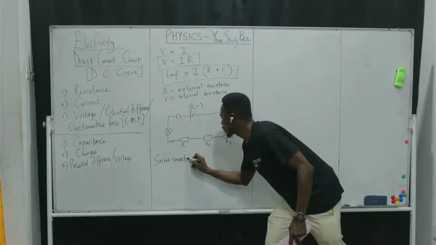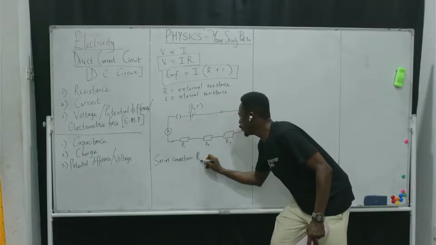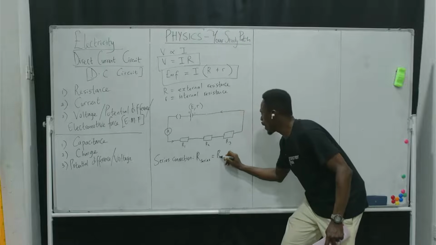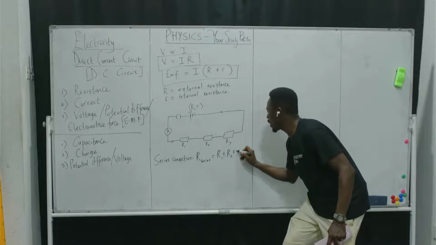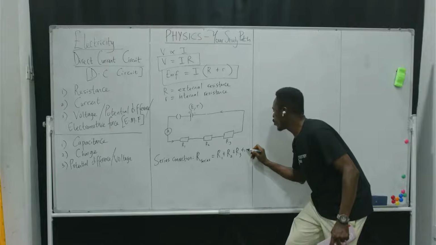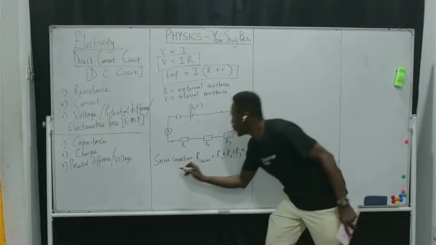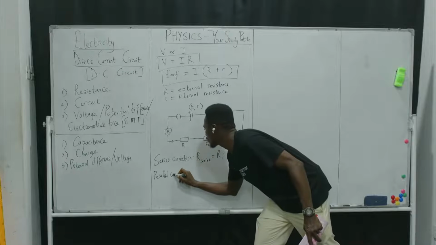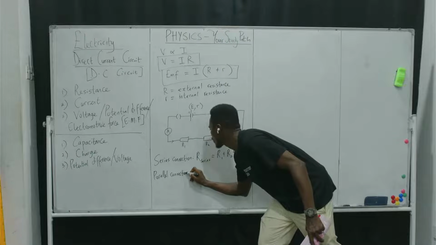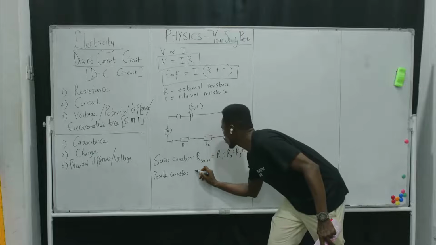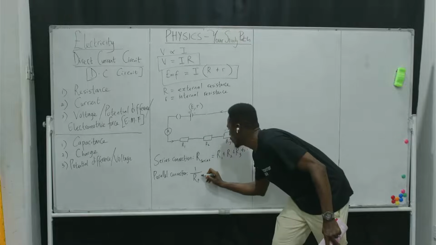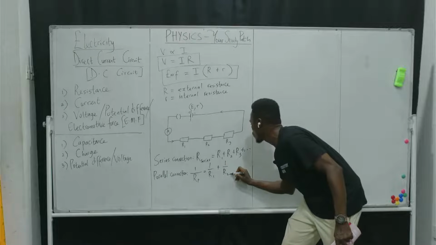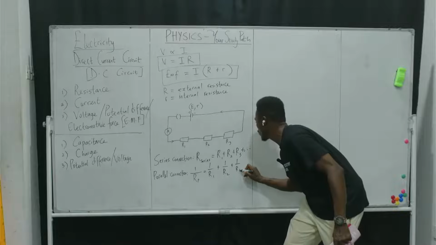Whenever we have series connection, the effective resistance in series is equal to R1 plus R2 plus R3 among other resistances given. But the moment you're having parallel connection, for parallel connection, 1 over R parallel is equal to 1 over R1 plus 1 over R2 plus 1 over R3.